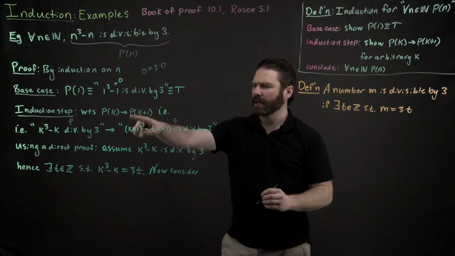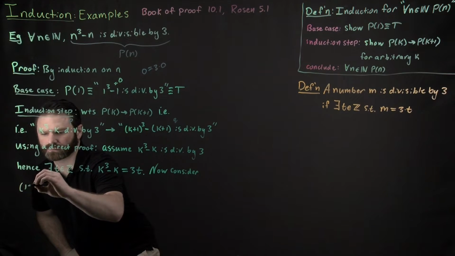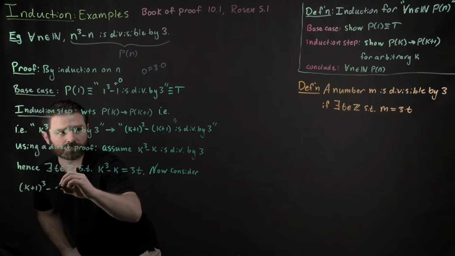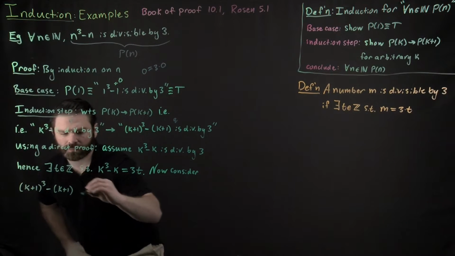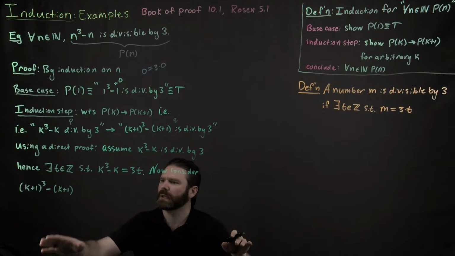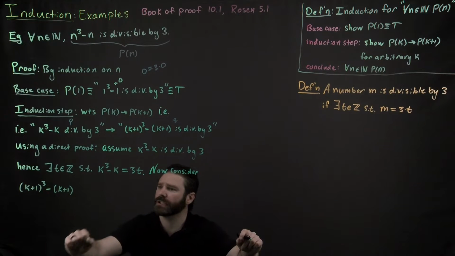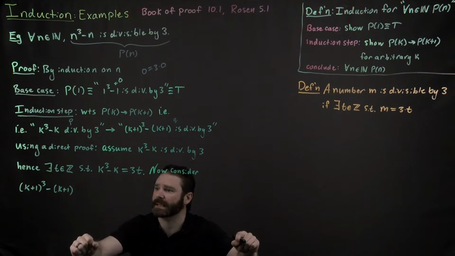So I'm going to take this expression right here, and I want to study it and see if there's some way that I can connect up that expression with something that I have assumed. So what I'm going to do is expand this thing out.